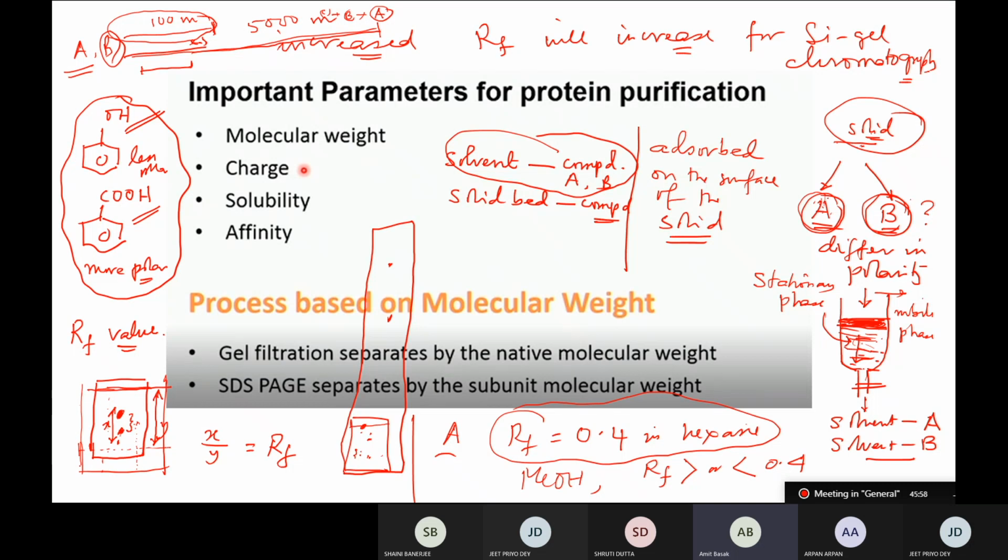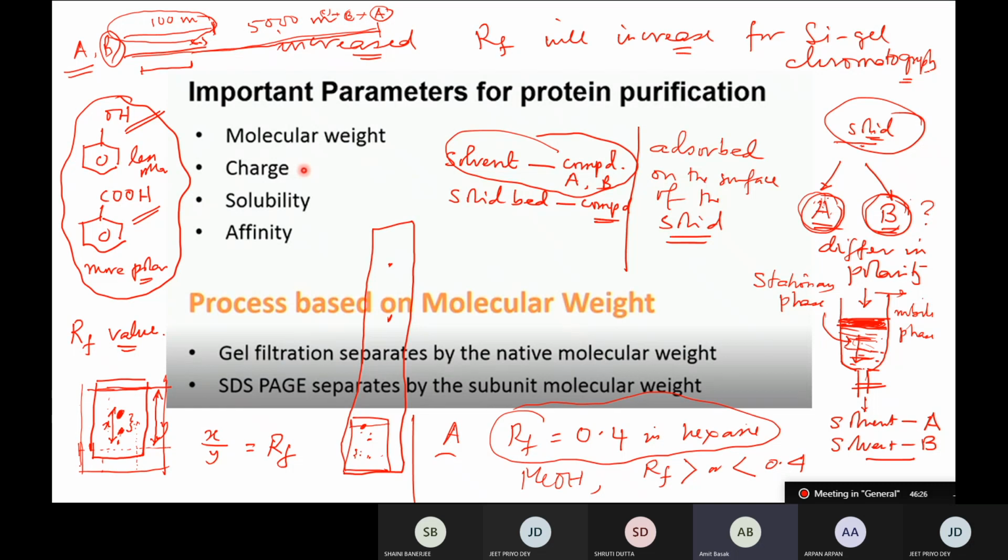It could be positive, or negative, or neutral also. It could be neutral, meaning the number of positive and negative charges counterbalance each other. Now what is that pH called, where the molecule is electrically neutral? In case of amino acids or proteins, that is called the isoelectric point.